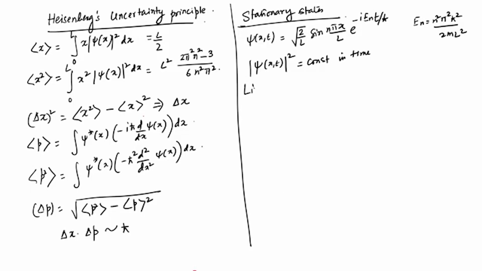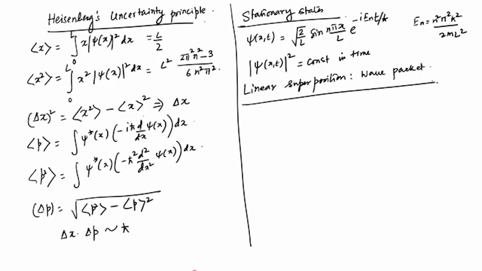Now, let us look at the linear superposition and form a wave packet, which is what we have learned as well. Okay, so let us say we have a wave packet comprising the linear superposition of psi_1(x,t) plus psi_2(x,t).